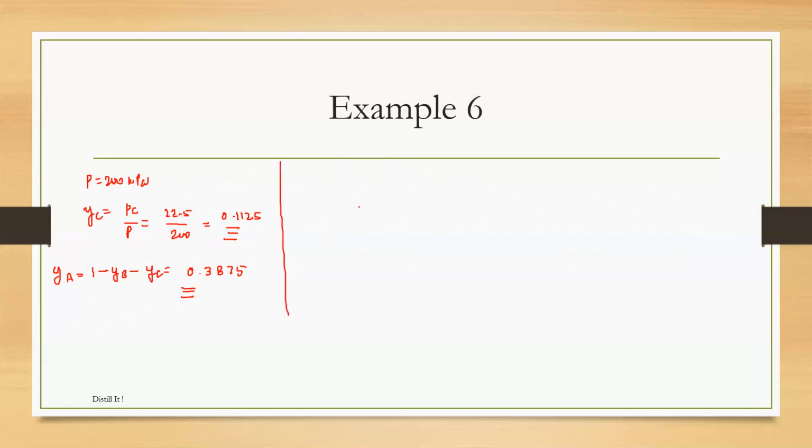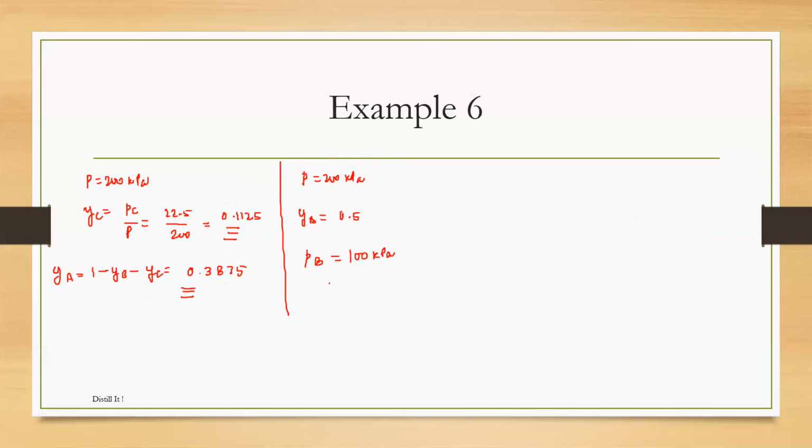So we know that the total pressure is 200 kilopascal, and we know that YB is equal to 0.5. Therefore, we get PB is equal to YB into P, that is 100 kilopascal. PB is equal to YB into total pressure.